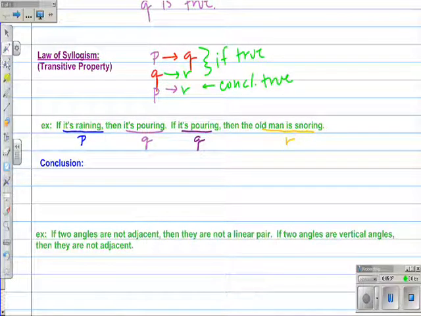So we would end up saying, since if it's raining, then it's pouring.